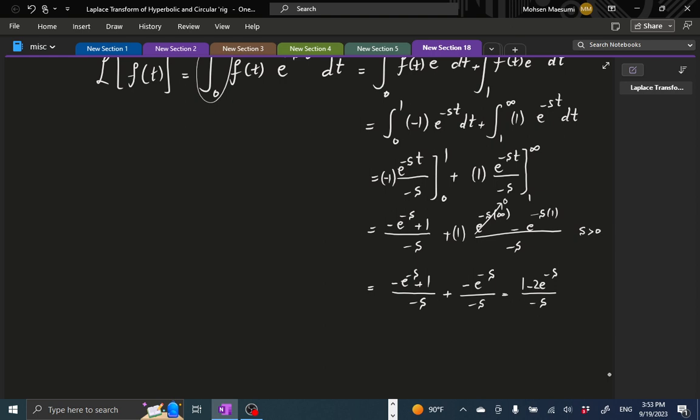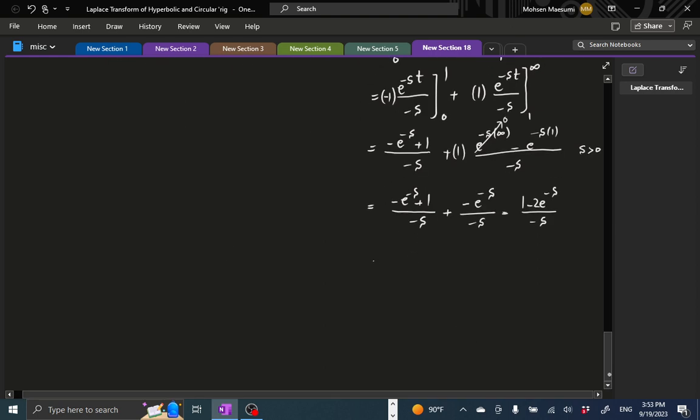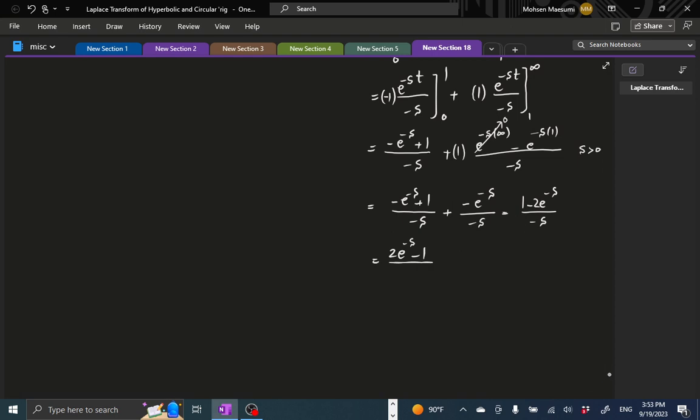It's customary not to leave a negative in the denominator, so it might be written as 2 exponential of minus s minus 1 over s.